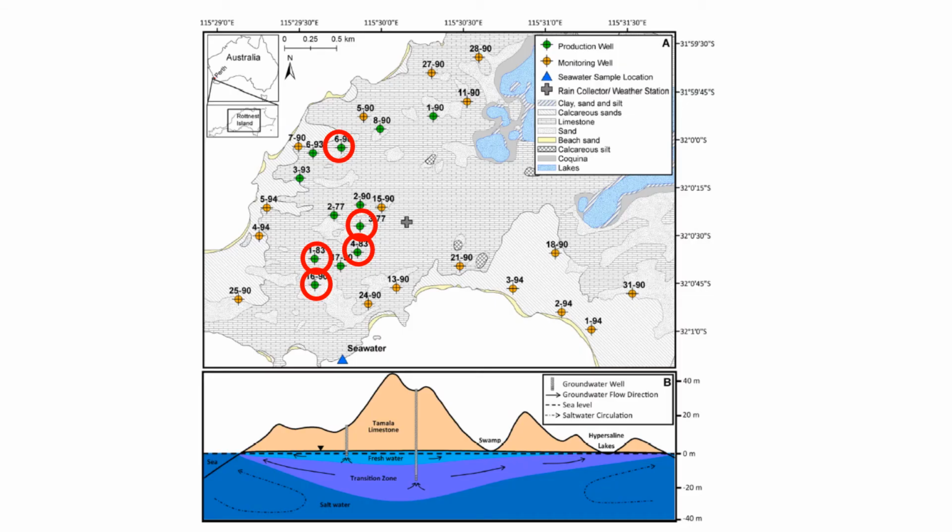So in the assignment, you have data from 5 of the production wells, and they are the 5 that are circled with the big red circles shown here. And we have time series data for these bores. We went back every 3 months and we collected water samples for the water isotopic composition of these bores.